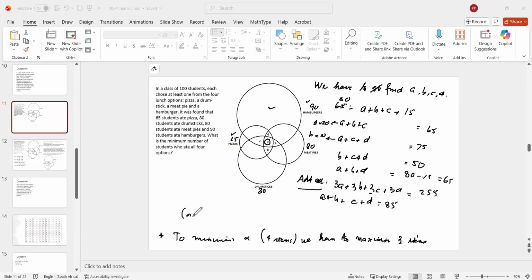Let's make it like this: A, B, C, D. A is 35. B is 10. D is 20. The last equation, what must I add to get 85? I have to add 20. So this is also 20.